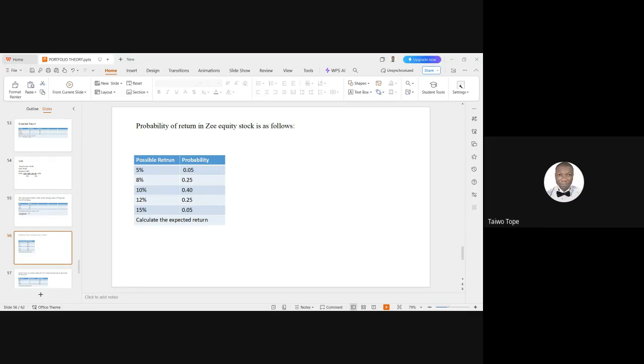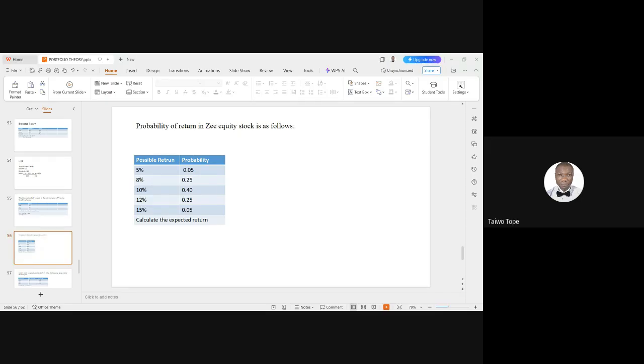So, possible return, 12% probability of 25%, 15% probability of 5%. Calculate the expected return. From the earlier example we solved, which approach are we to use here, since we have probability and possible return?